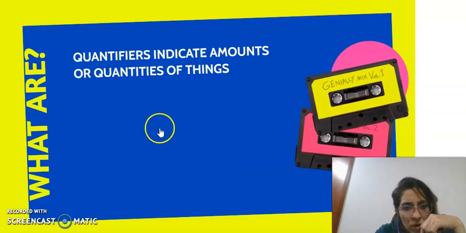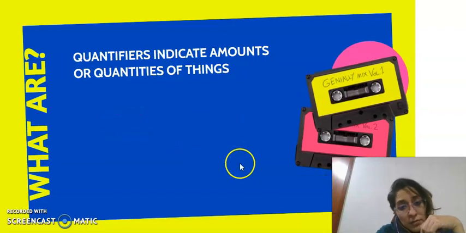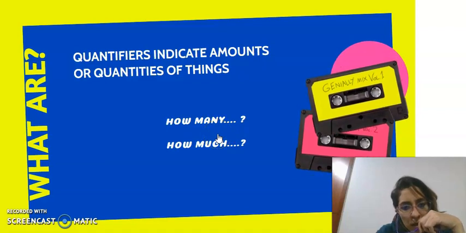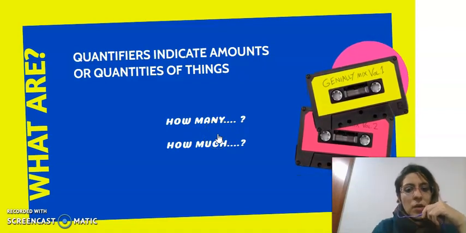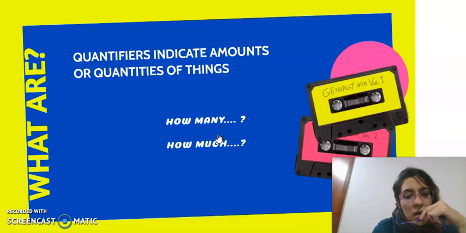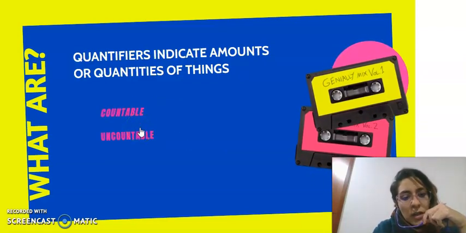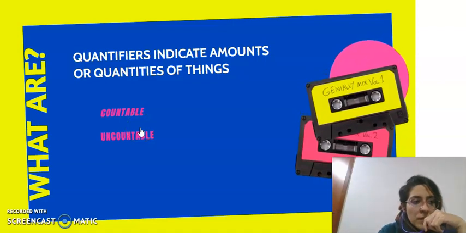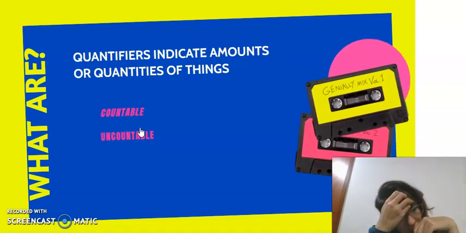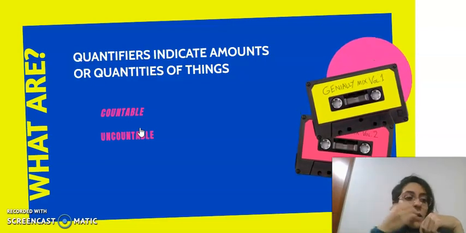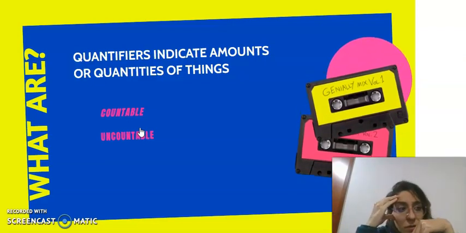Okay, we use quantifiers. The two questions that we have here, how many and how much, are so useful to know if we are talking about uncountable or countable nouns. So, countable and uncountable nouns determine which quantifier to use.